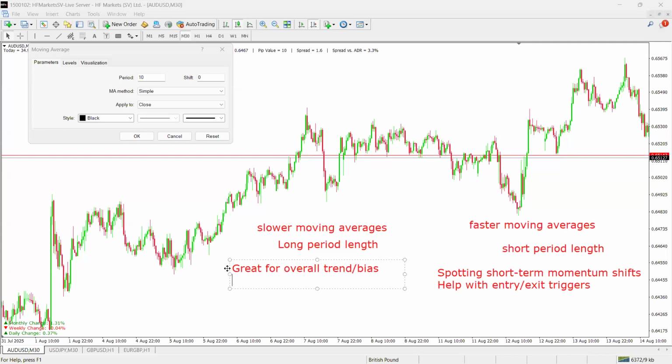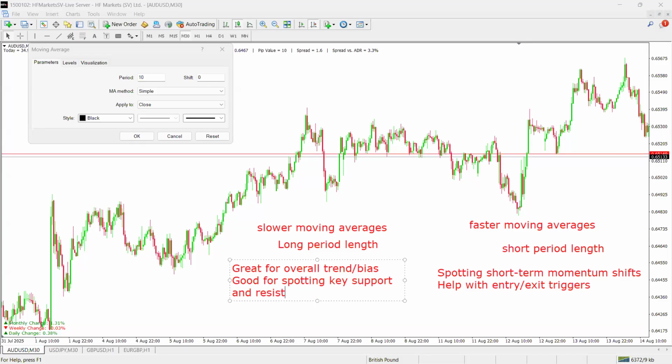So it is good for overall trend biases in the market, and it is also good for spotting key support and resistance levels as well, because it could act as one.